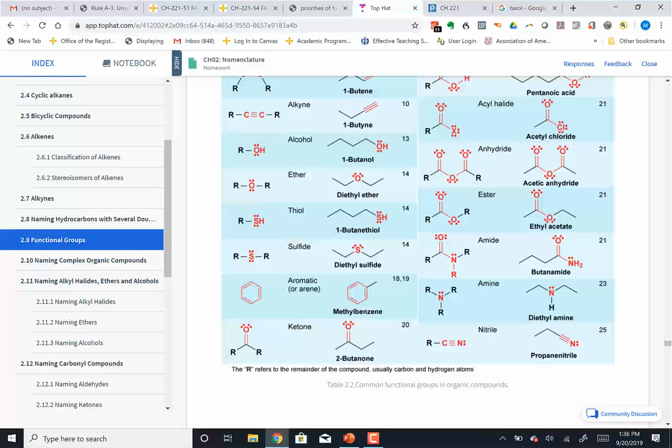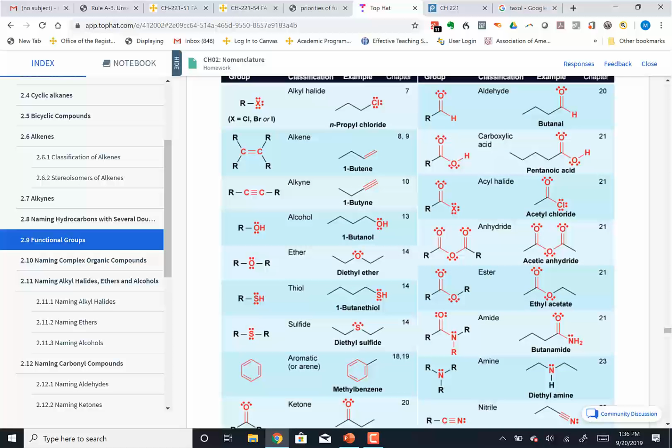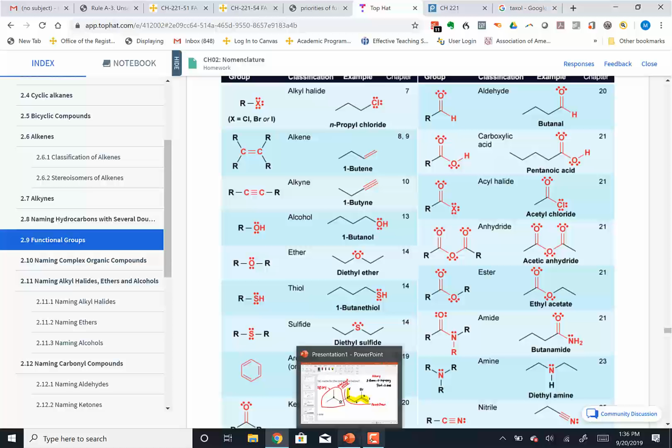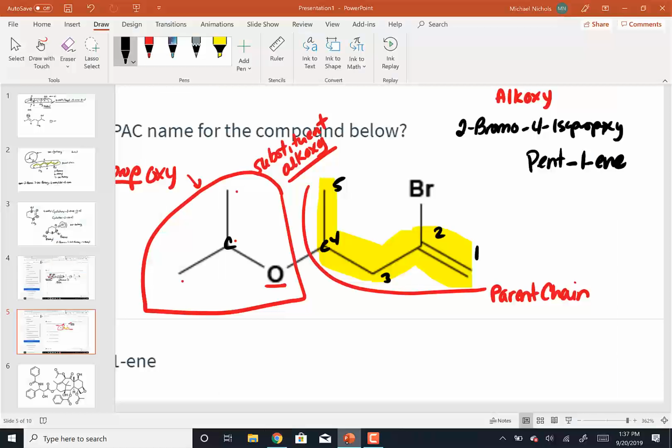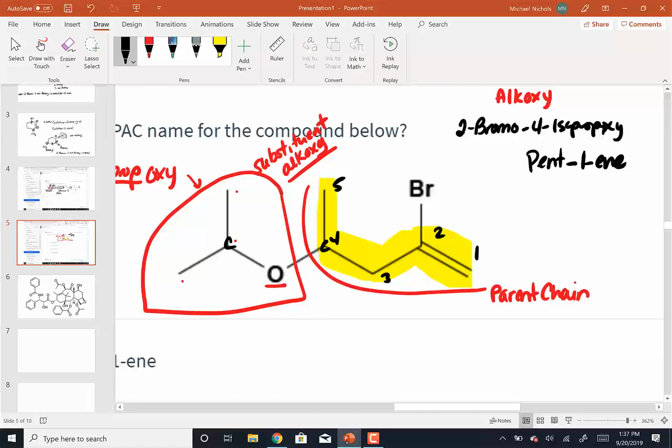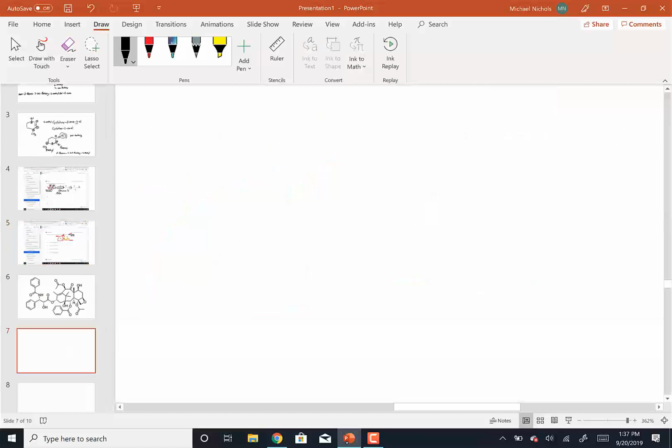Ketone. Carbonyl functional groups. The carbonyl functional groups are not tricky, it's just that there's a lot of them. If you're looking at a carbonyl, this is just the C=O double bond by itself, nothing else attached to it, called a carbonyl group. The same way as an OH group that's not attached to anything is a hydroxy group.